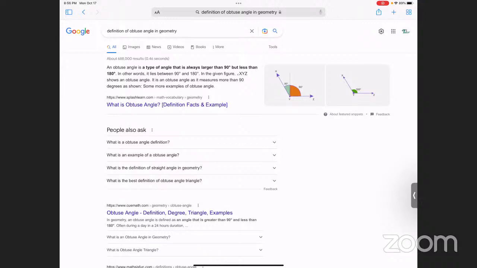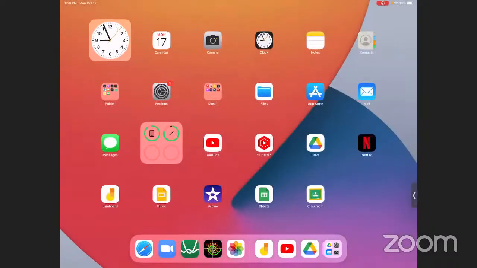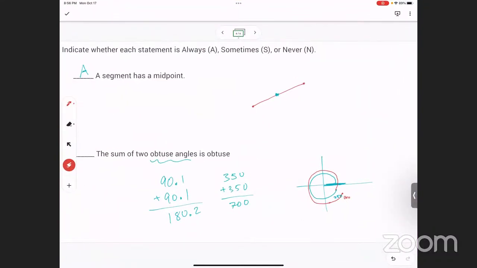So in the geometry definition, the answer should be never. Because if you have an obtuse angle, it has to be greater than 90. And when you add another obtuse angle, that's going to be greater than 180. And that is not an obtuse angle according to your definition. Okay, yeah, that makes sense.